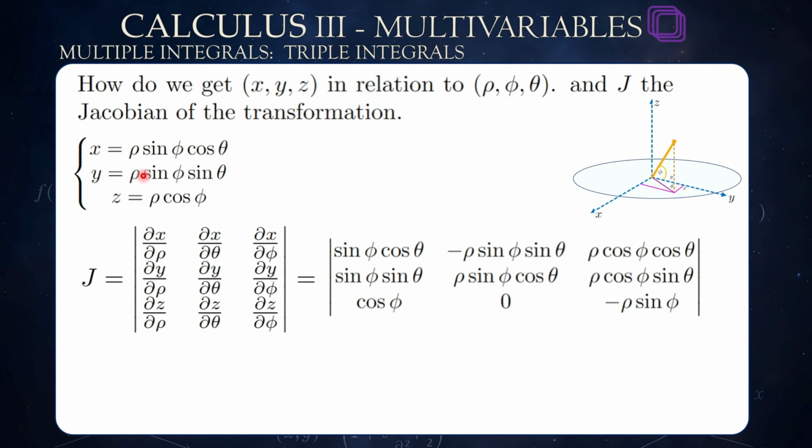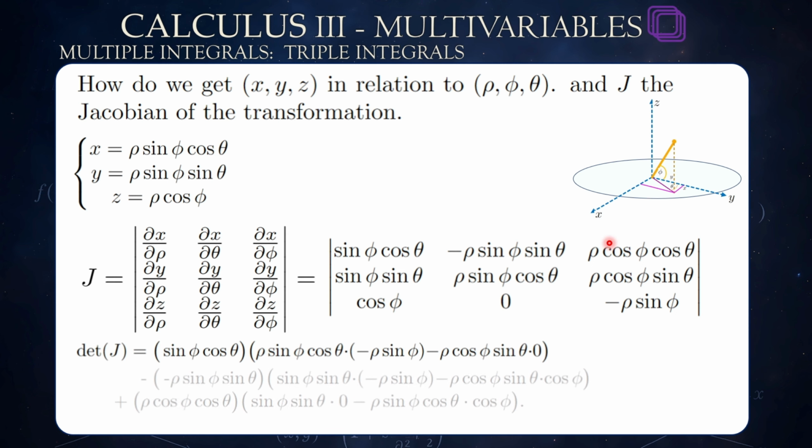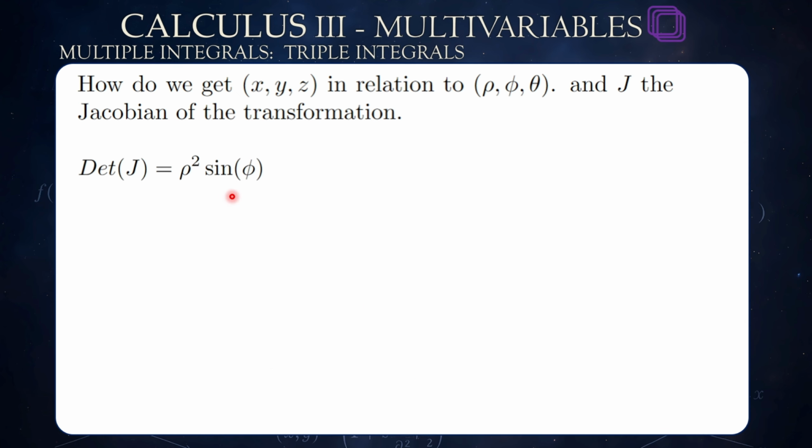In respect of rho, sine phi sine theta, in respect of theta, rho sine phi cosine theta, in respect of phi, rho cosine phi sine theta. And finally for z, in respect of rho cosine phi, for theta 0, and for phi minus rho sine phi. You evaluate to find the determinant, which gets you rho squared sine phi. That is the Jacobian of the transformation into spherical coordinates.